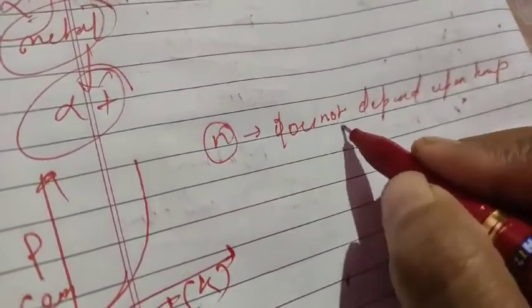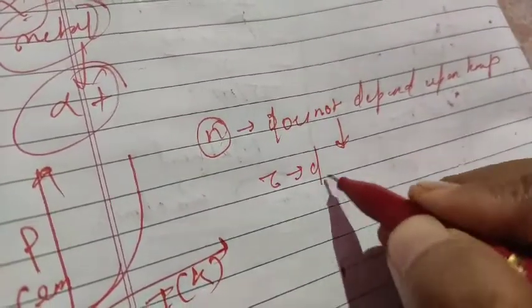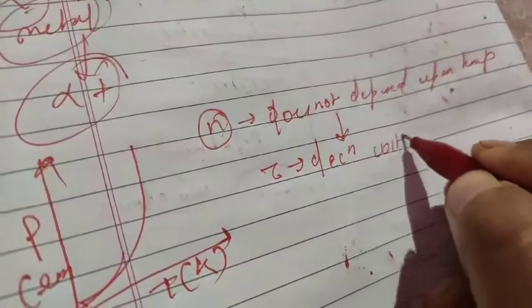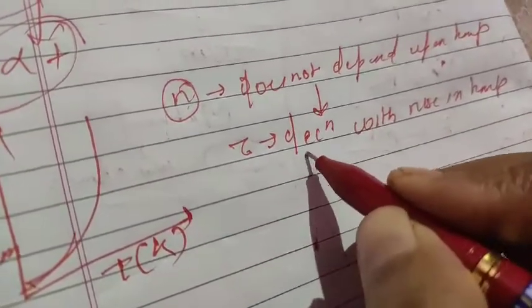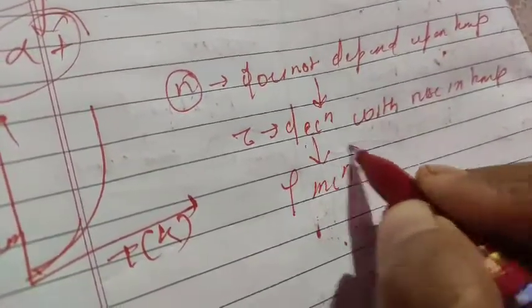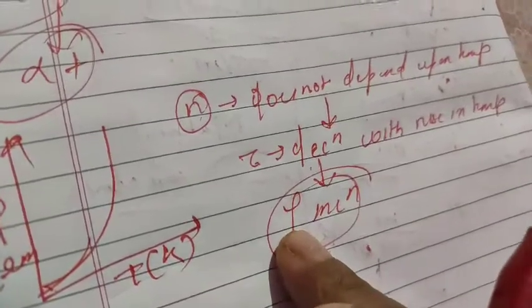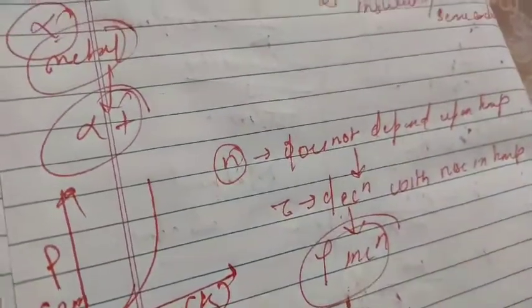If it does not depend upon temperature, what happens? Tau, the relaxation time, decreases with rise in temperature. Then rho increases, meaning resistivity increases with temperature. This is part of the matter.